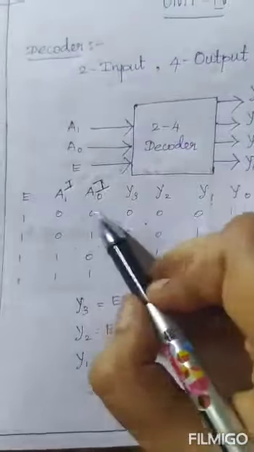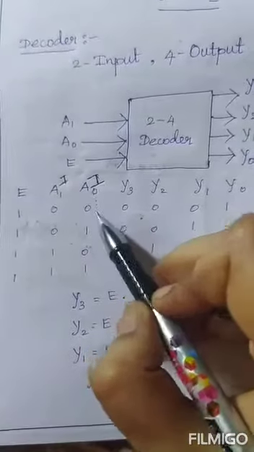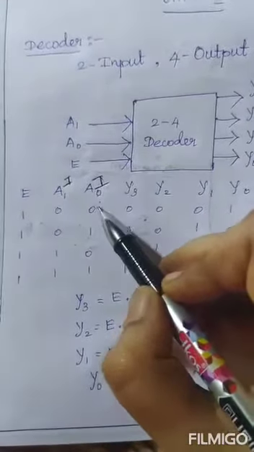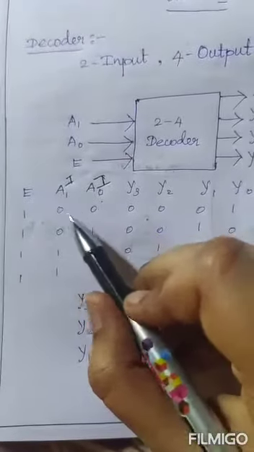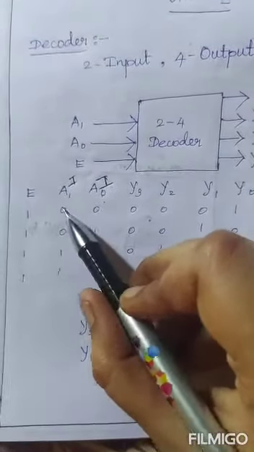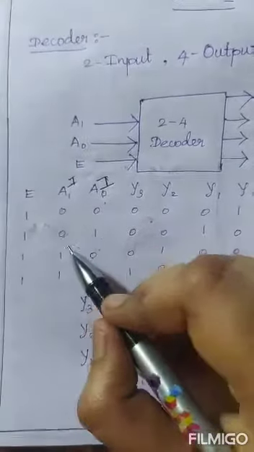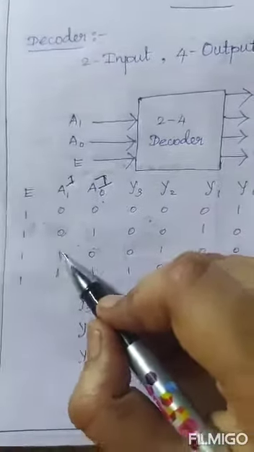In A1 and A0, the first input I have given in changing order, 0101. In the second input, for the first 2 the current is not passed, and for the last 2 the current is passed. So we have written 0011. Now the input part is over.